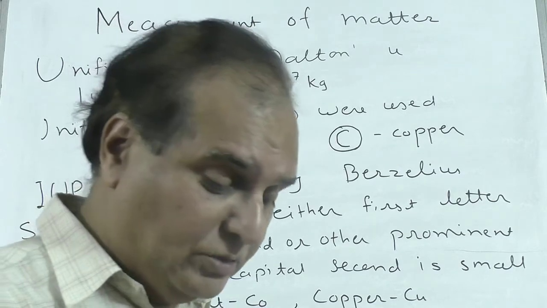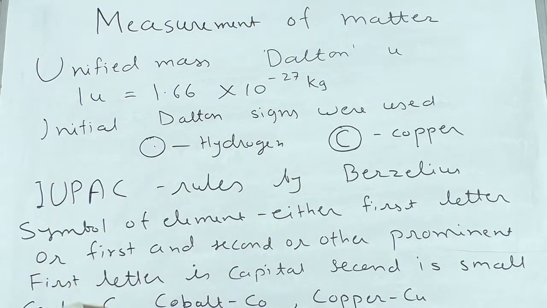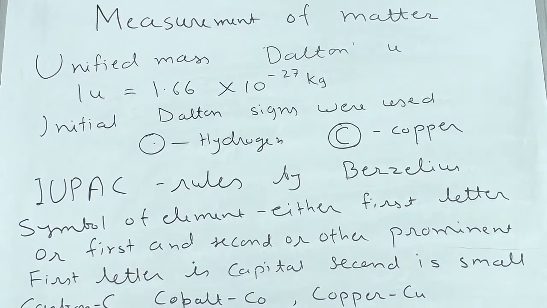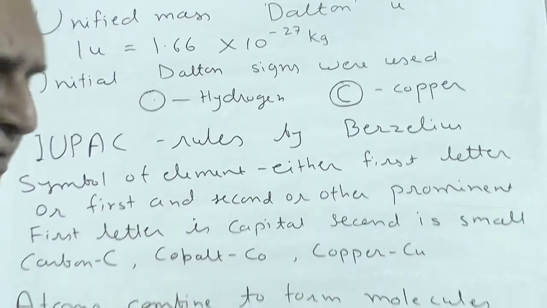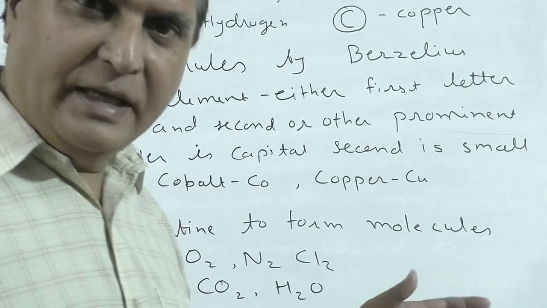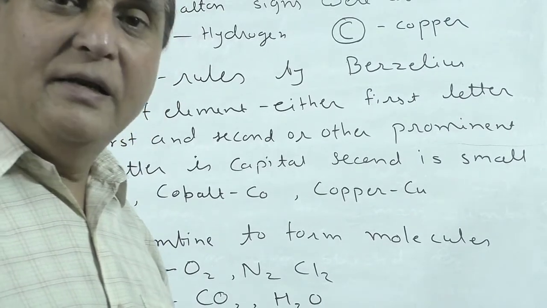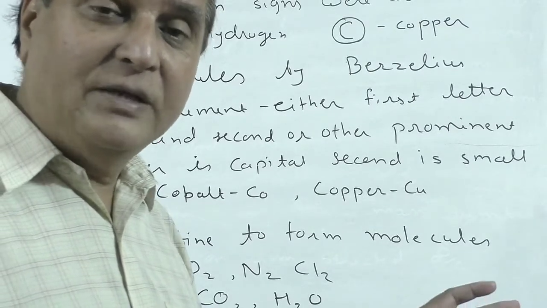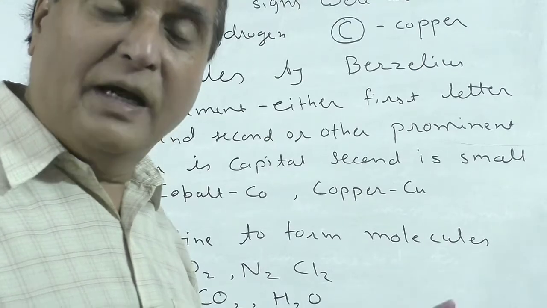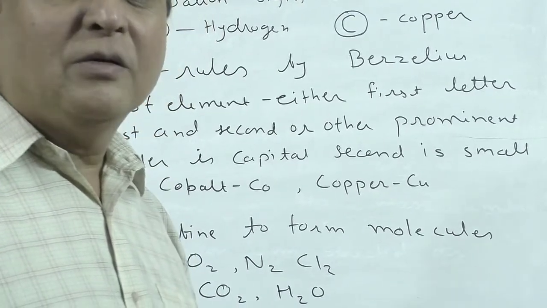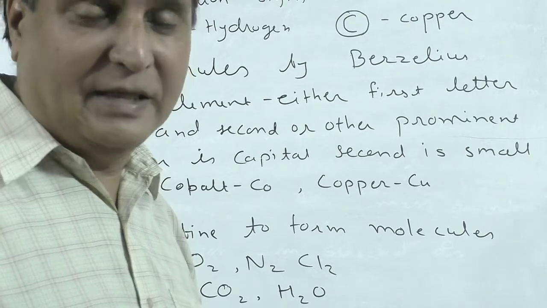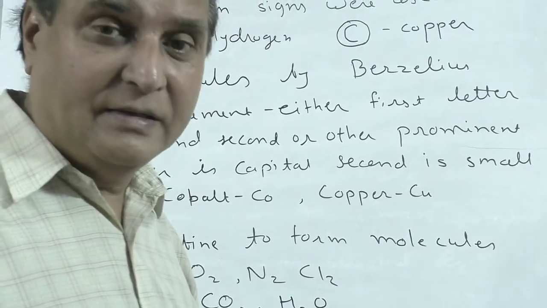See, Berzelius, the scientist, made the rule: just take either the first letter of the name of the element, or if that letter is repeating, then the first two. If that is also repeating, go for a prominent letter, one from the middle.